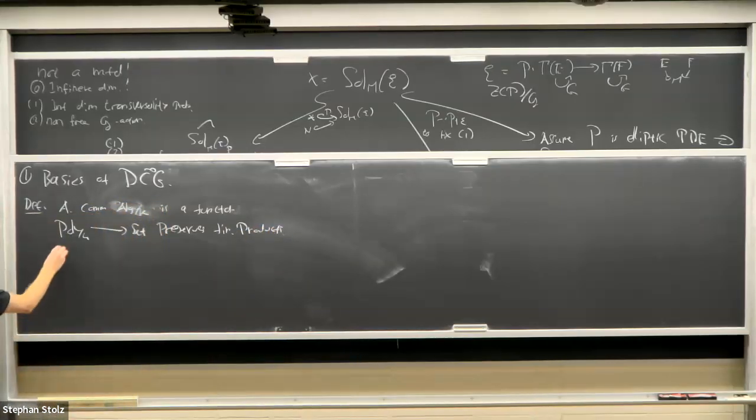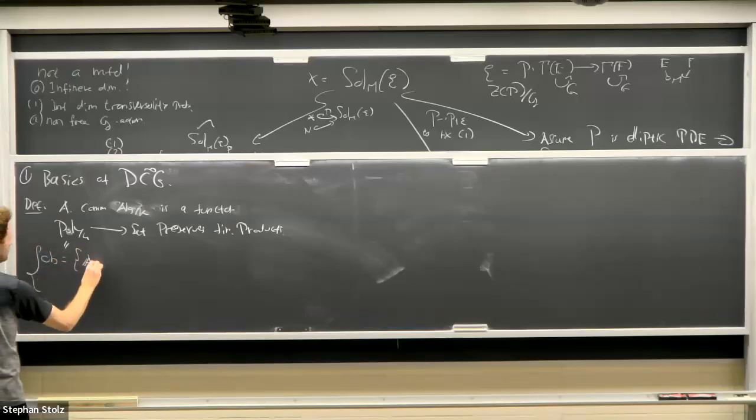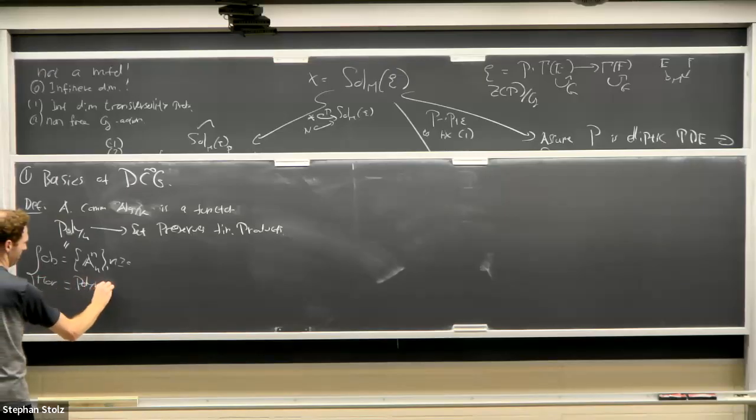What is that? That's what I'm going to write right now. The objects of this category are all affine K-spaces, and the morphisms are polynomial maps.